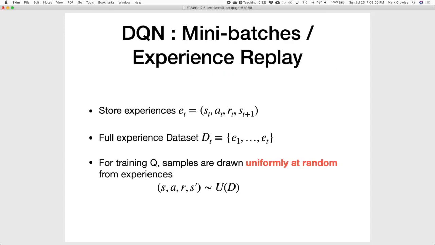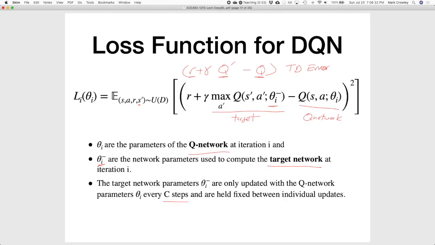Another thing that they introduced is this concept called experience replay, where you store all the experiences you have, right? The SARS tuples that we've experienced through our training. And you keep them as a series of experiences. And then when you're trying to train the network, you go back and sample experiences randomly from this database and keep training. So this seems like a bad idea from a reinforcement learning point of view.